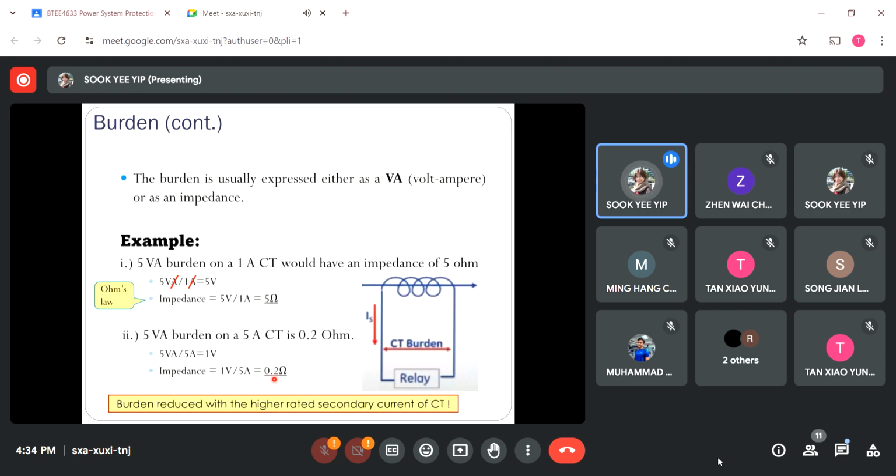You also notice that comparing these two values with the same relay being used, whenever we increase the secondary current rated value, the burden in units of impedance is actually reduced. That is how we can change from watt amperes to impedance.